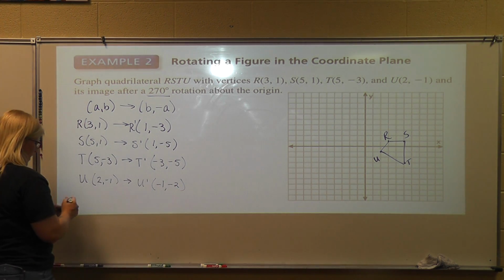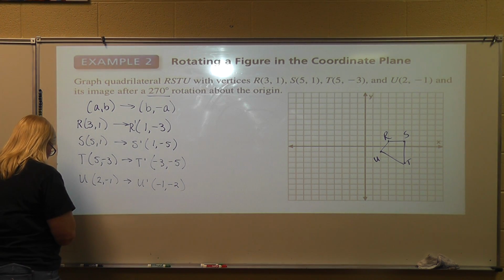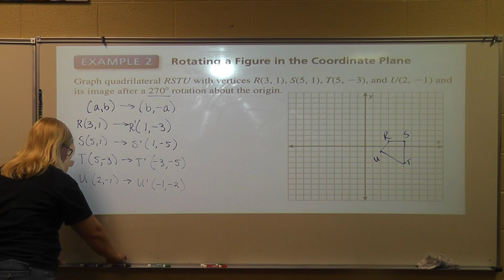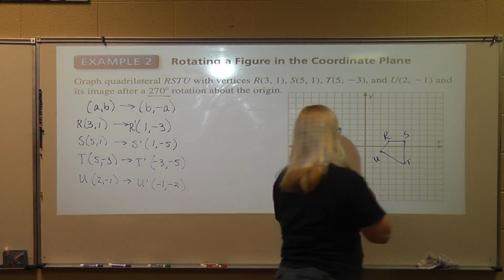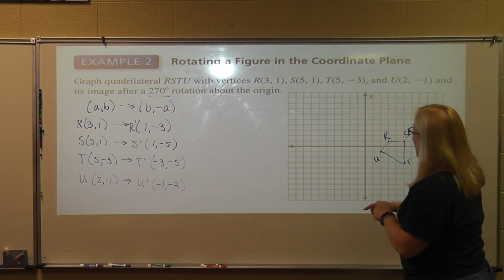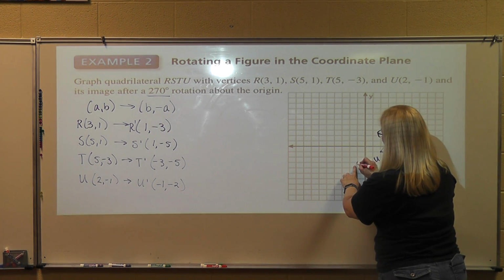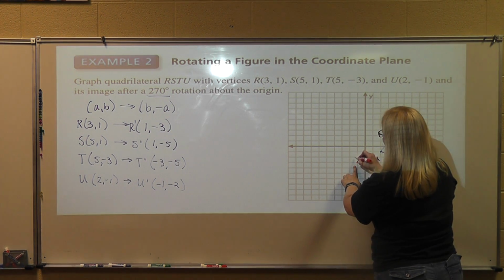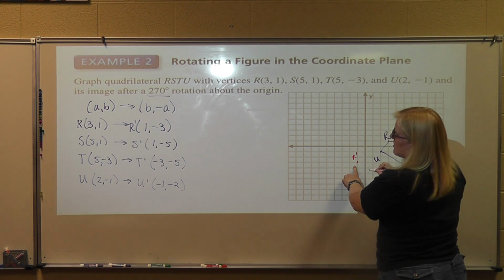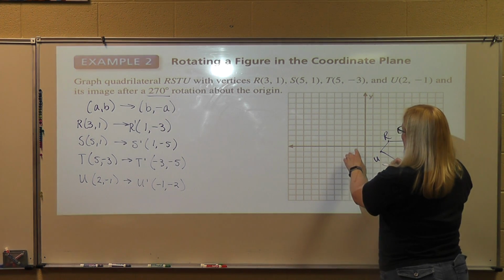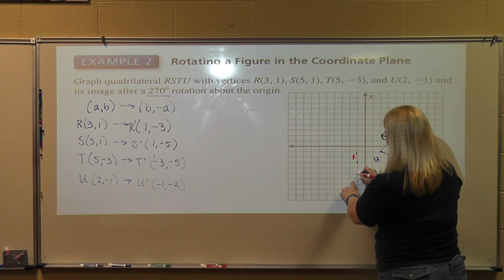So let's graph those and see what that looks like. All right, R prime, 1, negative 3, 1, 2, 3. There's an R prime. S prime is 1, negative 5.